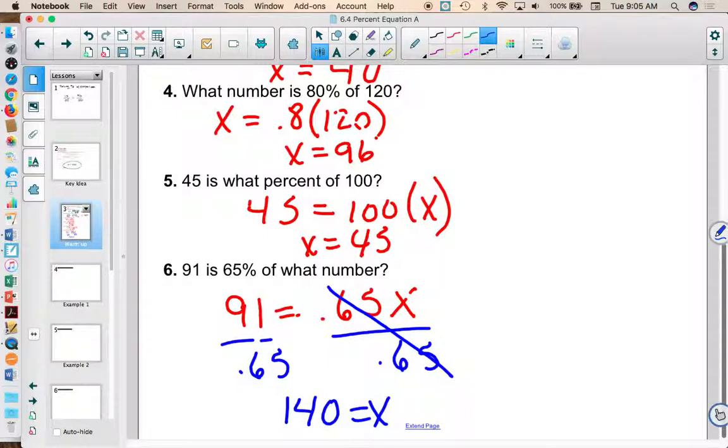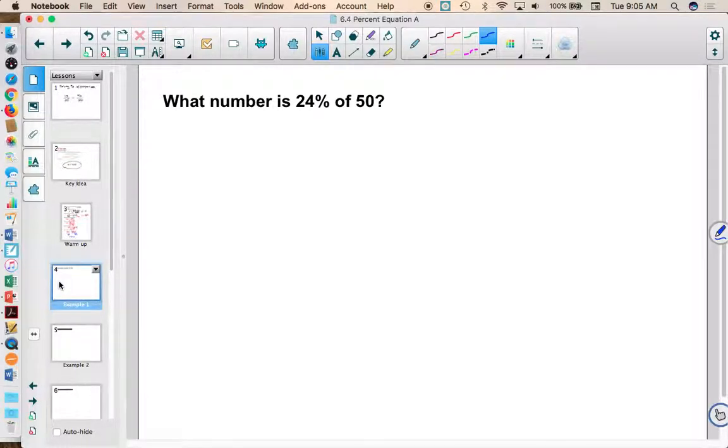Does that give you the review you need for being able to solve it? Okay, do this one on your own. Write it and do it.